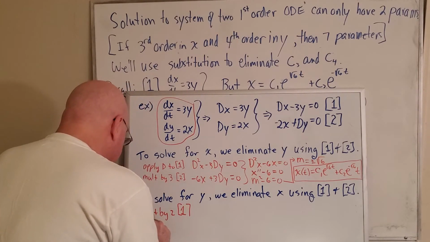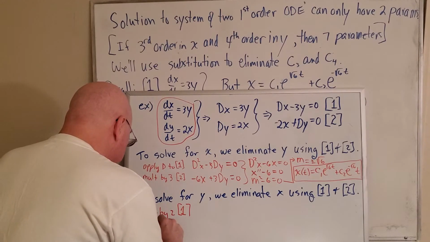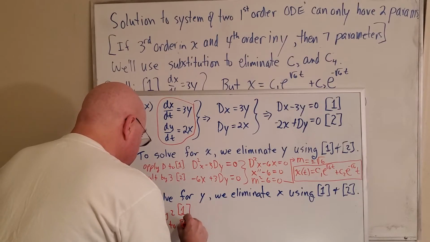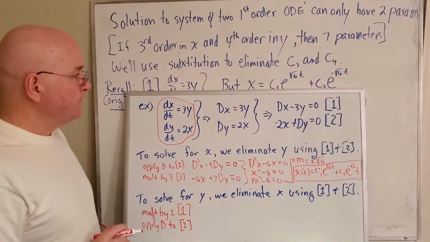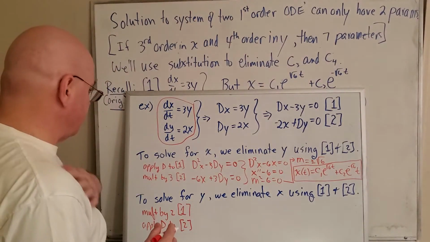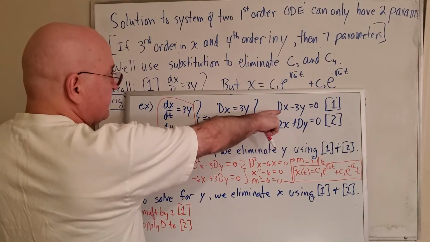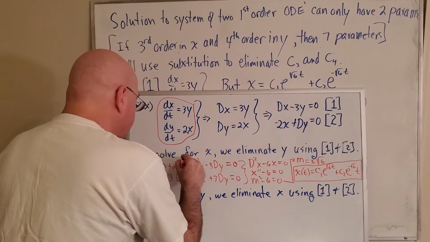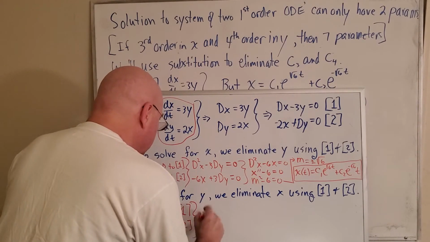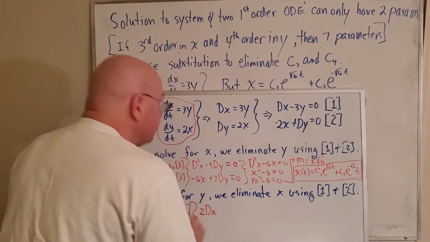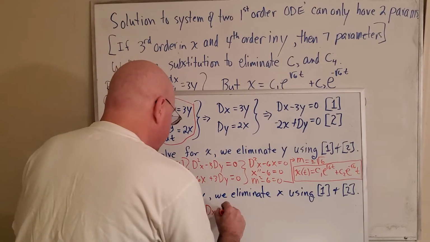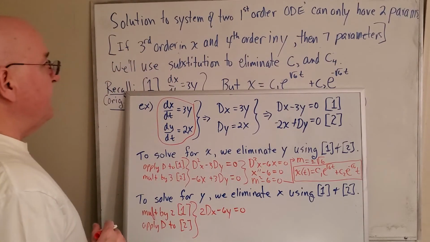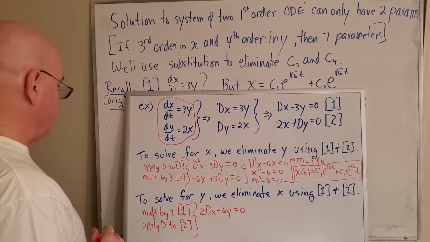And then I'm going to apply D to equation number 2. That'll eliminate the x's. So multiplying by 2 upstairs on this one, I get 2Dx minus 6y equals 0. And then the second equation, I'm applying D to it.